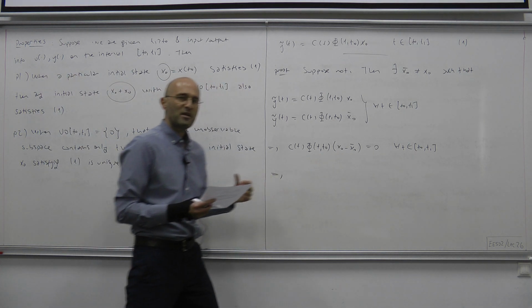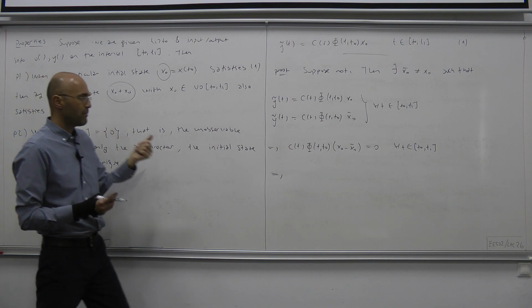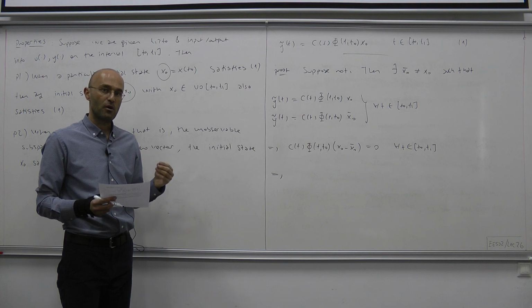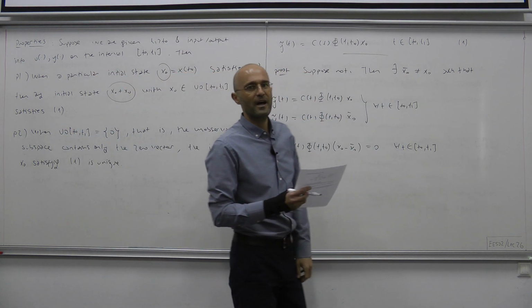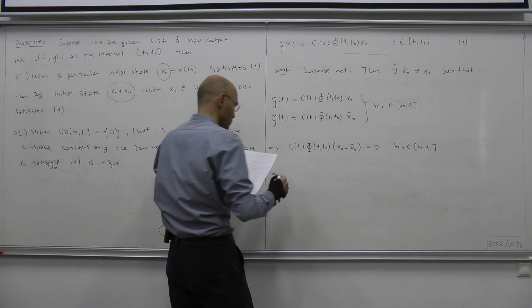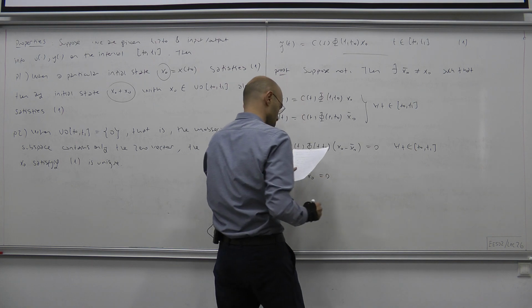Now the unobservable subspace contains just a single vector, the zero vector. So that means this difference x0 minus x0 bar must equal 0. That would imply that they are equal, which contradicts that they are different vectors.